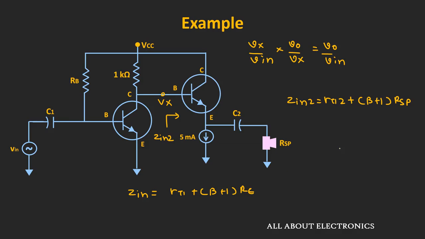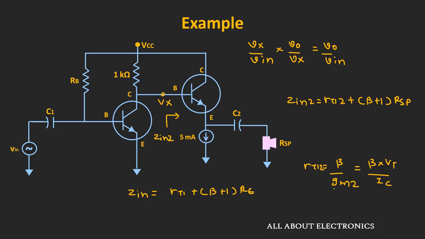Now here we have already been given the value of beta as well as RSP. So here beta is 100 while the impedance of the speaker is equal to 8 ohm. So the only thing which we need to find is r_pi2. Now we know that r_pi can be given as beta divided by gm. So in this case r_pi2 will be equal to beta divided by gm2. That is equal to beta times Vt divided by Ic.